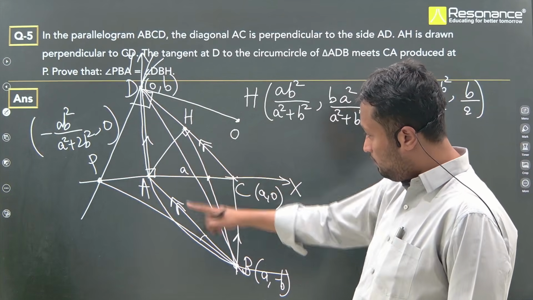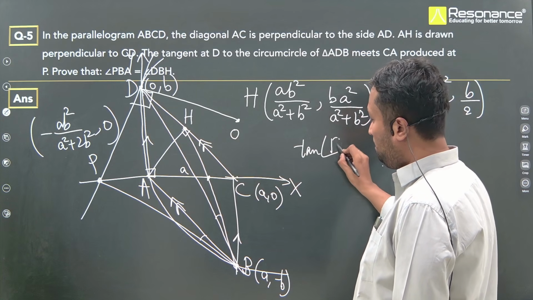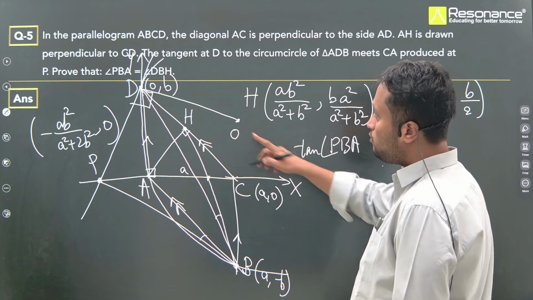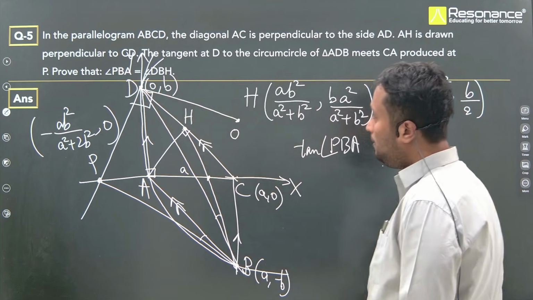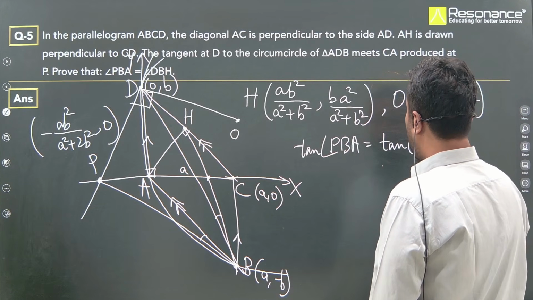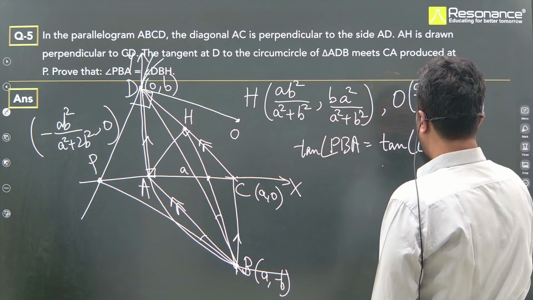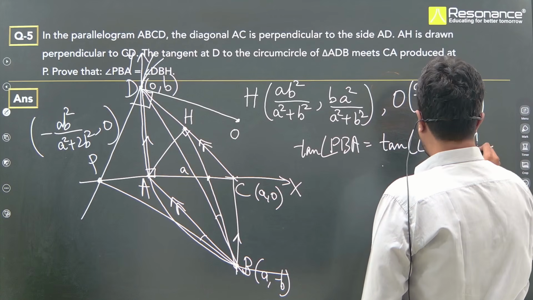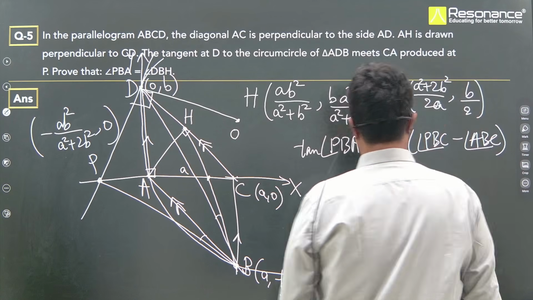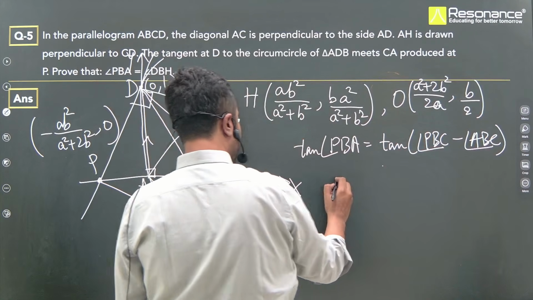By the way, we can start calculating the tan of angle PBA, because that's one of the angles that we are interested in, angle PBA. And how do I calculate that? That is tan of, well, PBC minus ABC. Now, tan of A minus B, right?